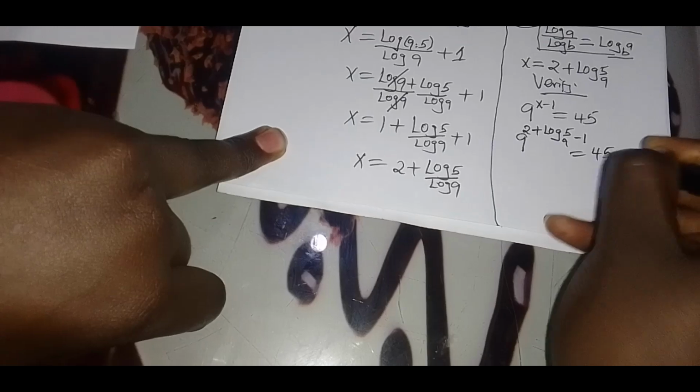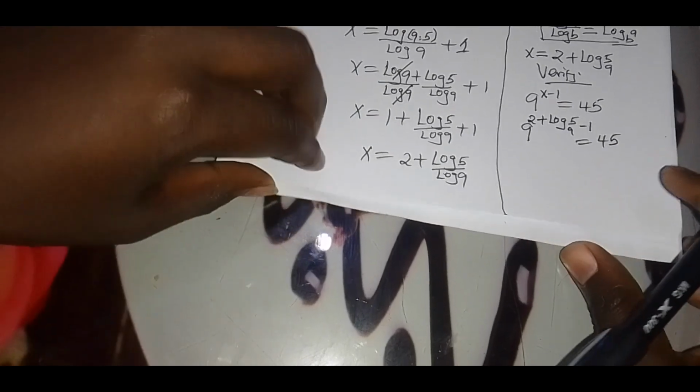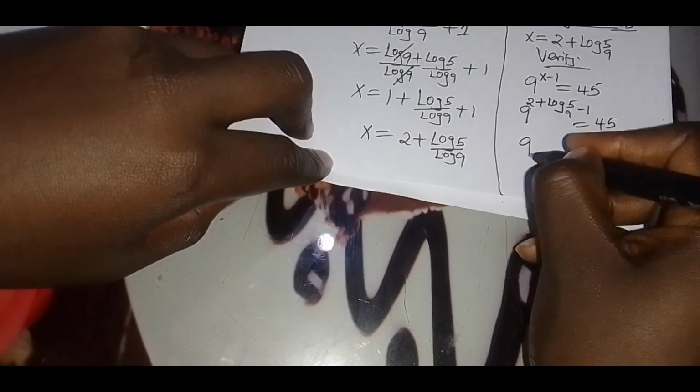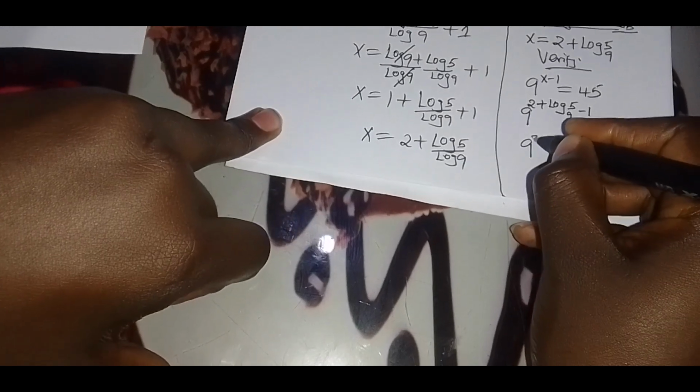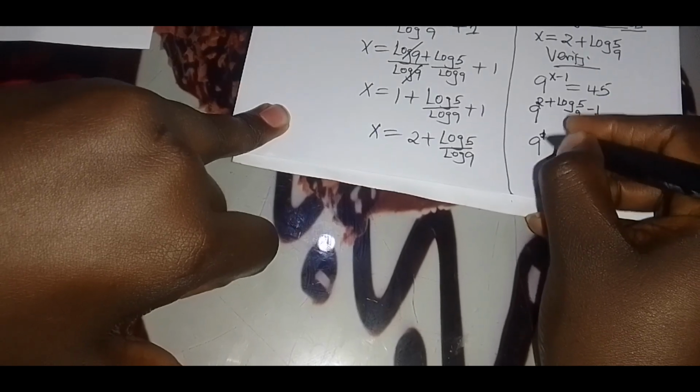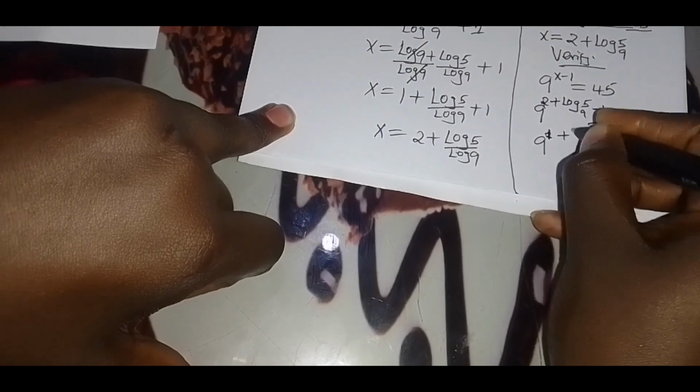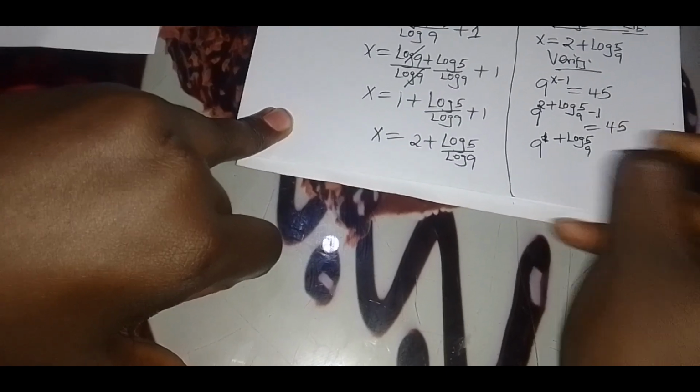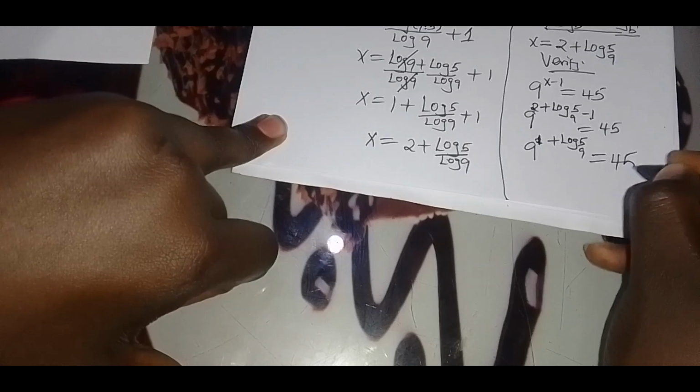This should give us 45. Okay, so that we'll have 9 raised to power 2 minus 1, so that this is 1, 9 raised to power 1 plus log 5 to base 9, this should give us 45.